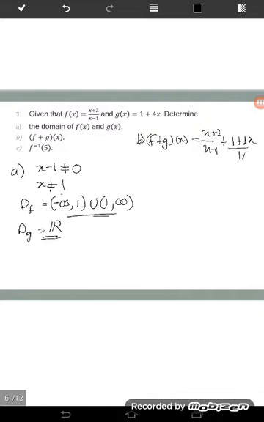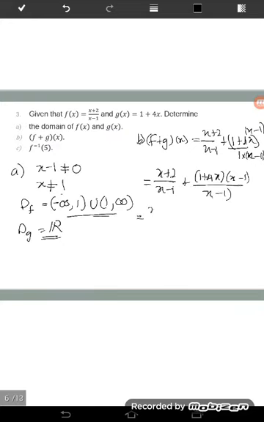So this one is multiplied by the denominator here, which is x minus 1. Since the denominator is multiplied by x minus 1, the numerator also needs to be multiplied by x minus 1. So therefore we have x plus 2 over x minus 1 plus 1 plus 4x times x minus 1, over x minus 1.